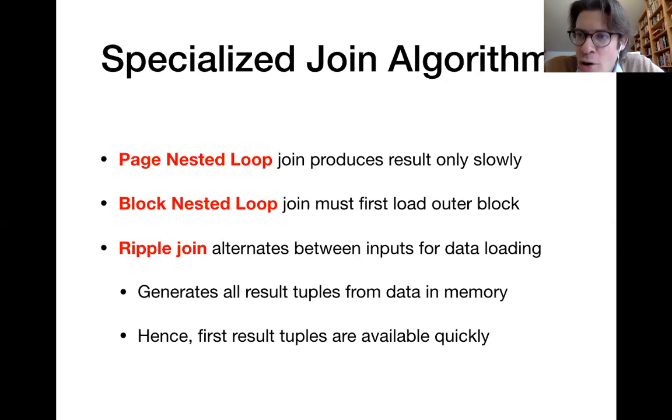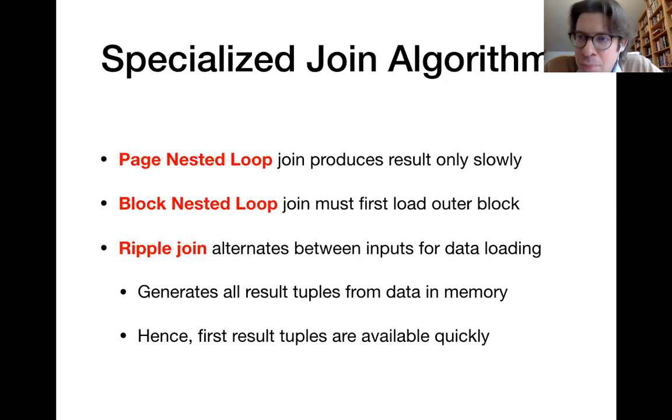And then it adds more pages from the first input, and then more pages from the second input, and again produces all result tuples that can be produced using the input tuples that are currently in main memory. So instead of squeezing as much as possible from one relation into main memory and then reading the other one, here we are reading a little bit from both relations. We're doing the join and we're reading a bit more. We're doing the join of everything that we have so far.